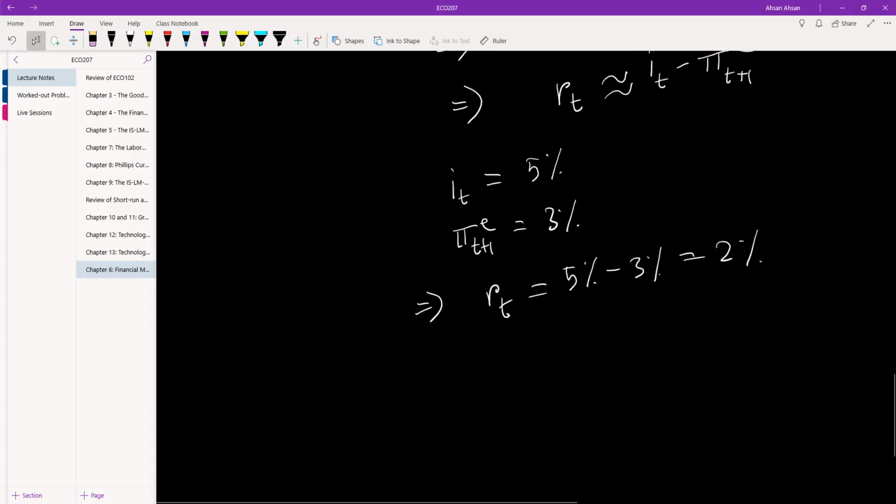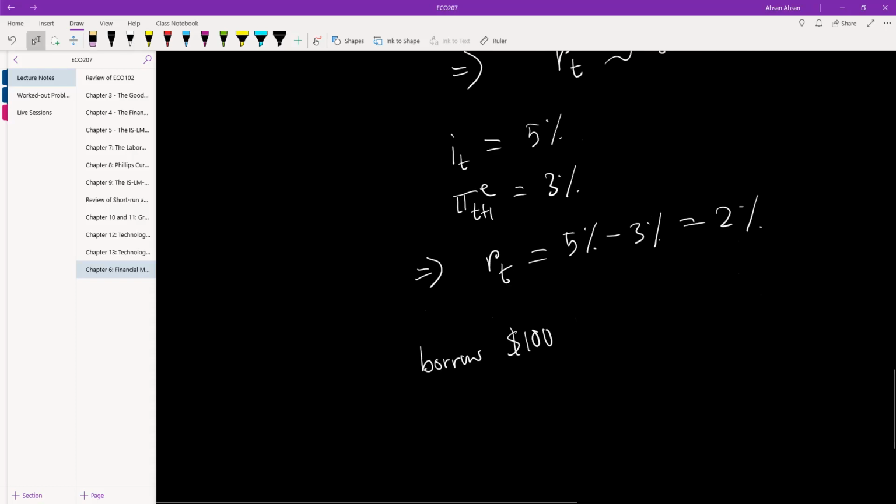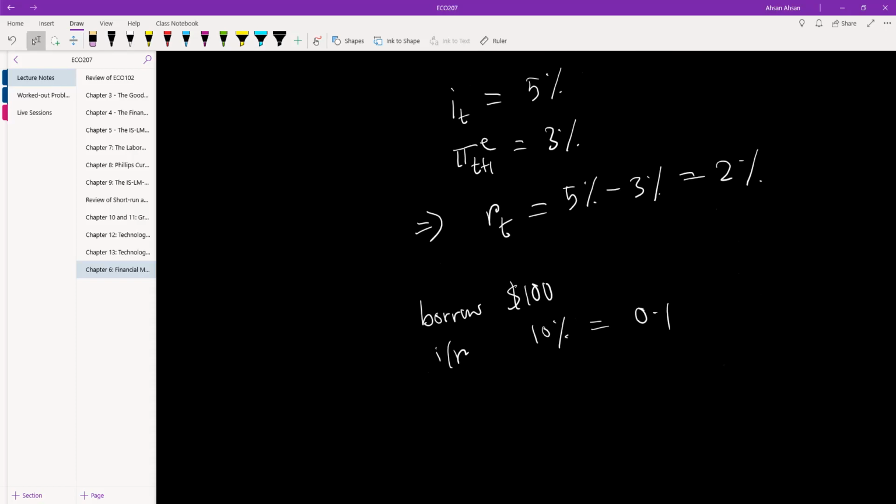Another way of explaining this, suppose you borrow $100, you pay 10% interest, or rather, let's write it as 0.1. And so you expect that you will have to pay back 100 times 1.1 dollars, of course, which equals 110.